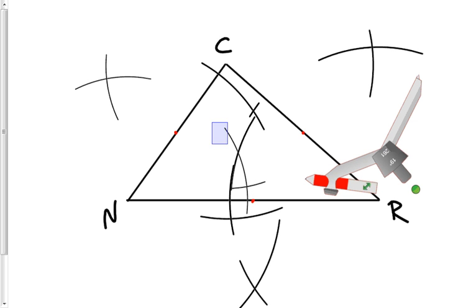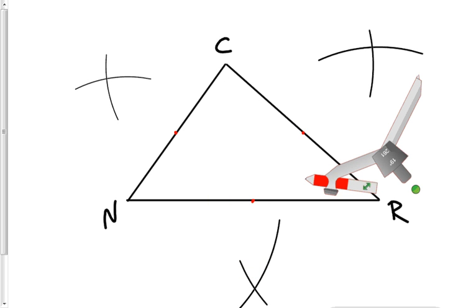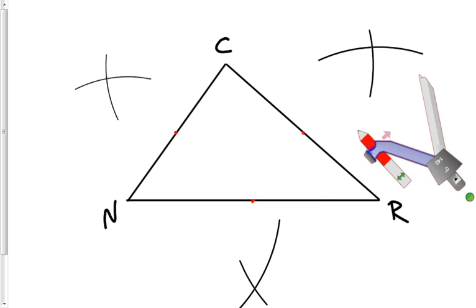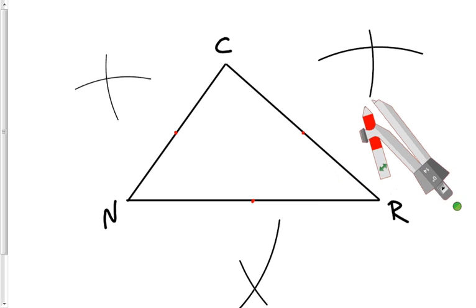Now I'm just going to clean up some of this by getting rid of some of these arcs. Let's see how this works. Delete. I don't want to get rid of the point, I want to get rid of the arcs. Okay, so I've cleaned that up a little bit. Let's move this guy out of the way.